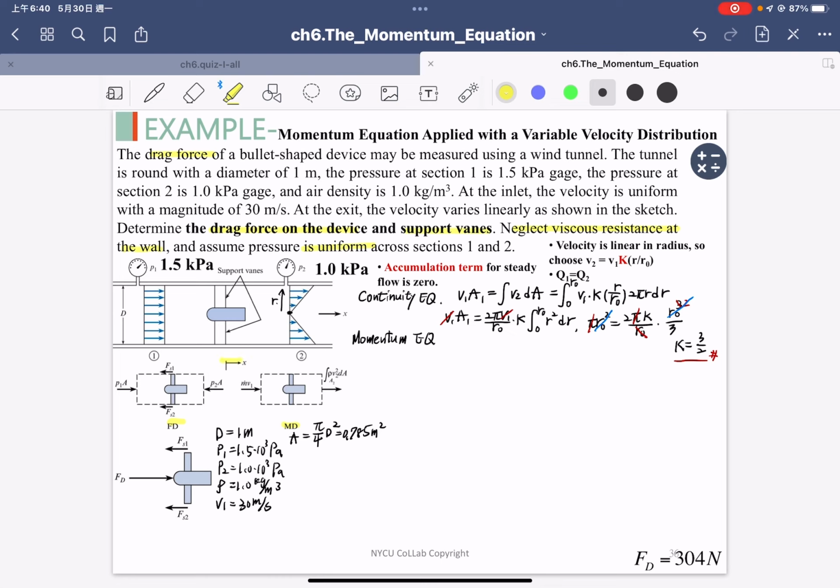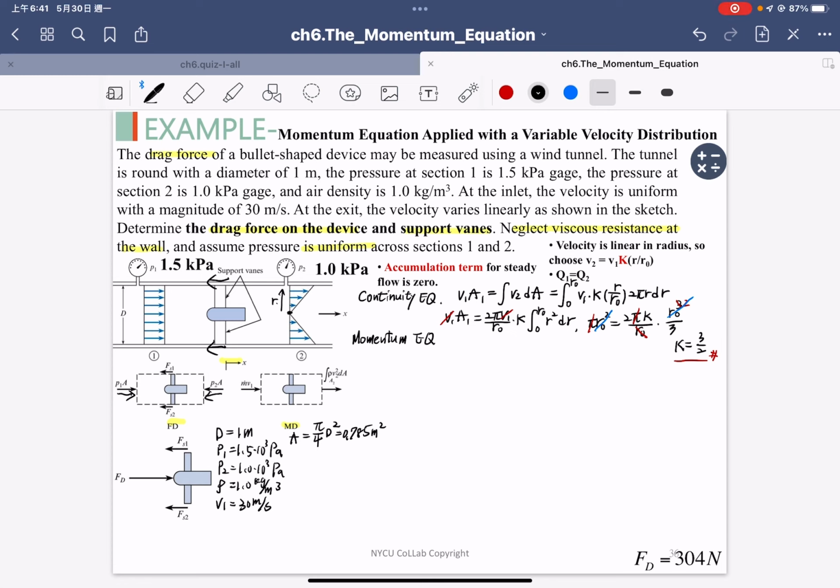And we know that the support fan here will have a support force acting around the control surface. So for the external force, this is the wind tunnel, we have inner pressure on the left and on the right, the pressures at both sides, inlet and outlet.